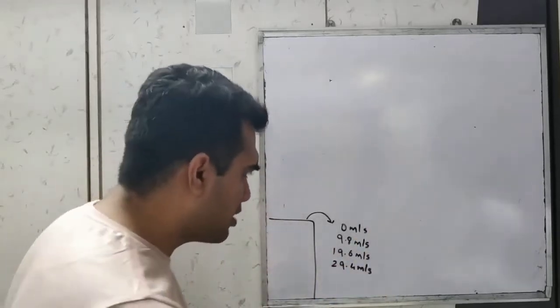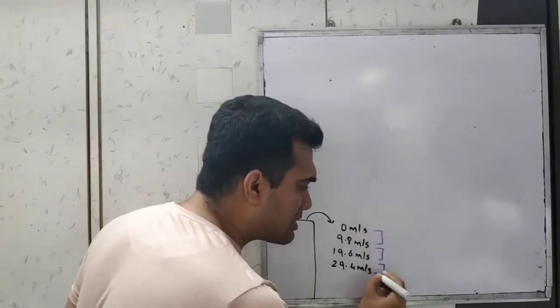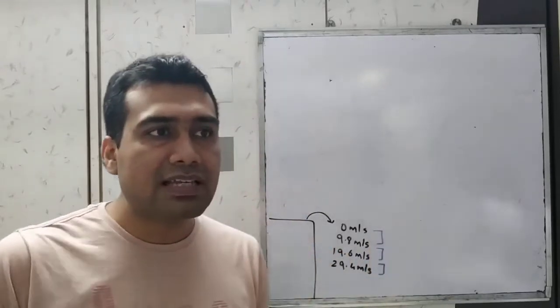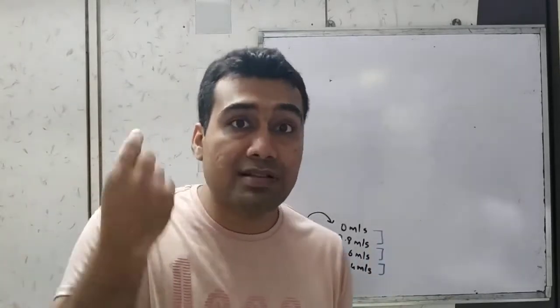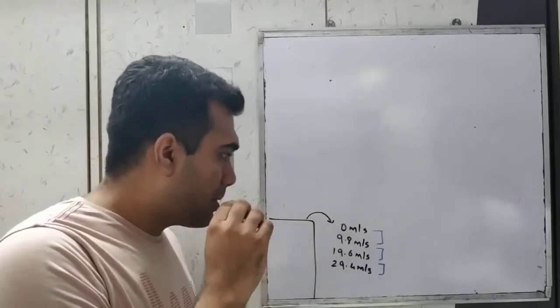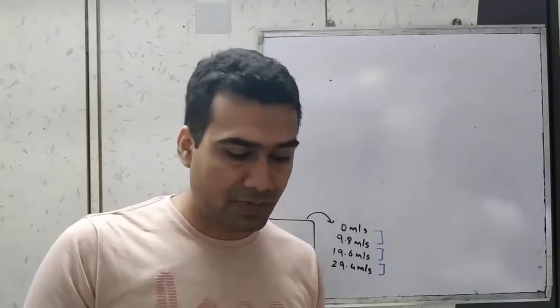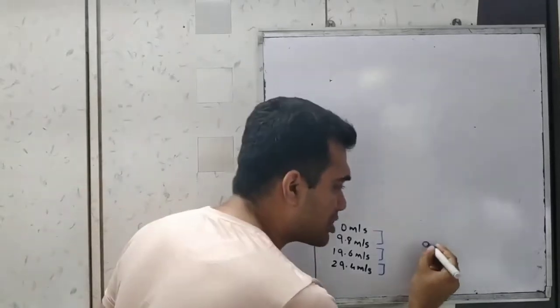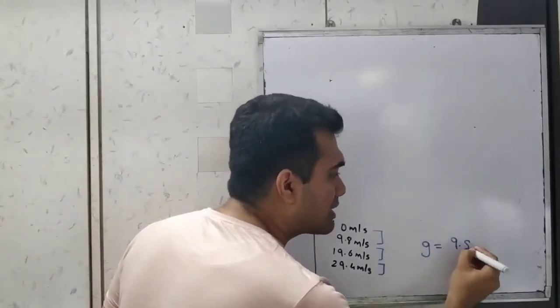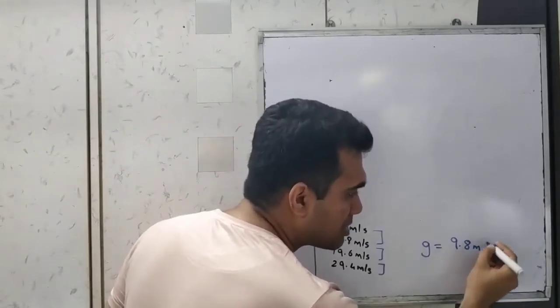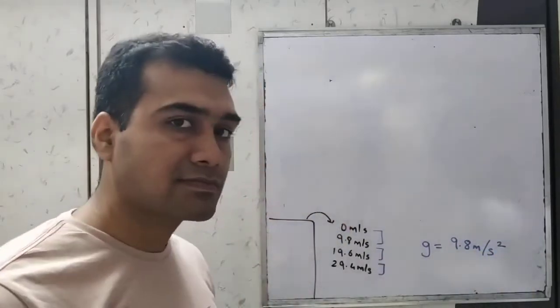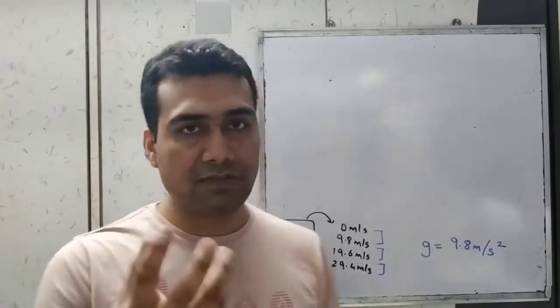So what we observe here is, after intervals of 1 second each, the velocity is increasing by equal intervals, which is 9.8 meters per second. The velocity is increasing by equal quantity. Hence, we say that the acceleration due to gravity of Earth is 9.8 meter per second square, which depends on the gravitational force.